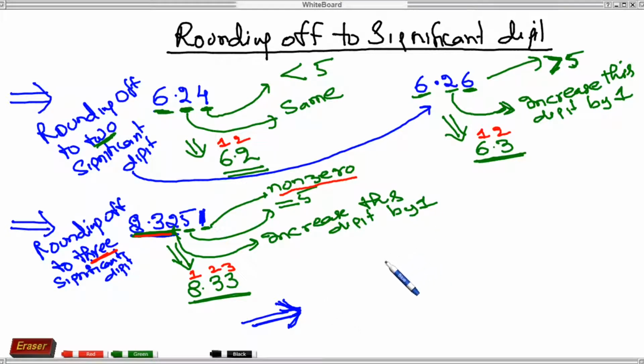Suppose we have a number like 9.4450, and we want to round it off to 3 significant digit.